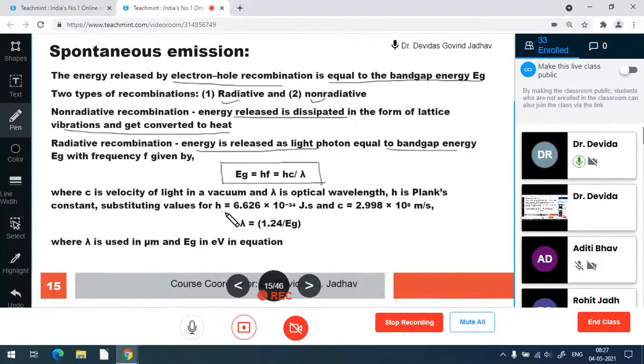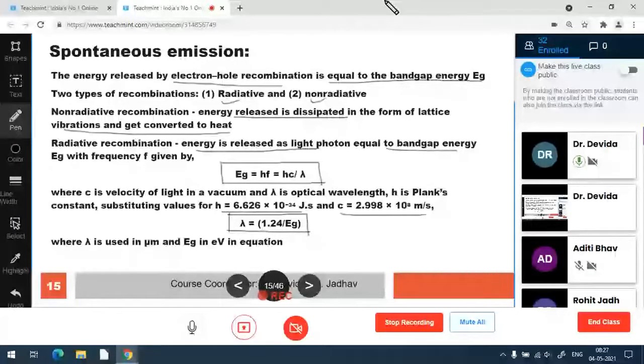If we substitute h equal to 6.626 times 10 raised to minus 34 joule second, and c equal to 2.998 times 10 raised to 8 meters per second, then we get the formula lambda equal to 1.24 divided by Eg, or Eg equal to 1.24 divided by lambda.